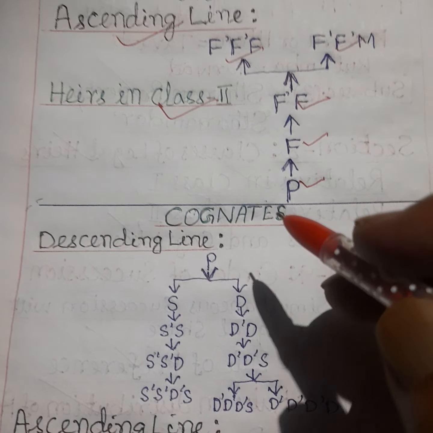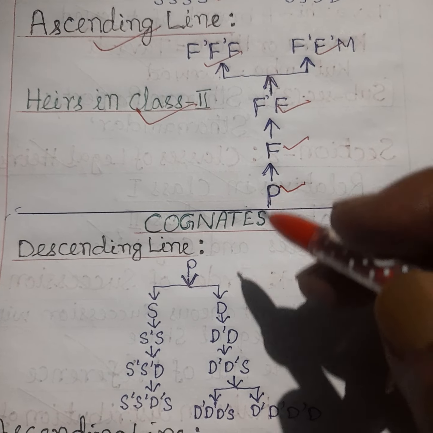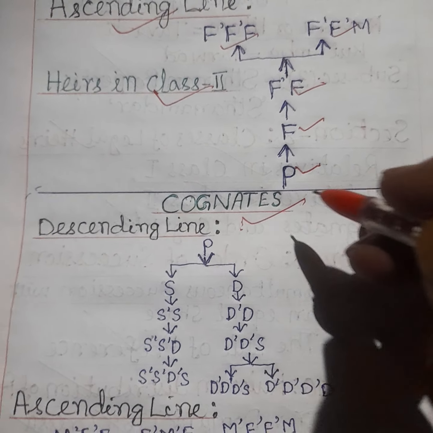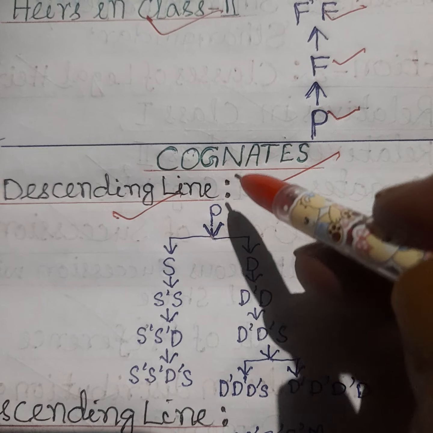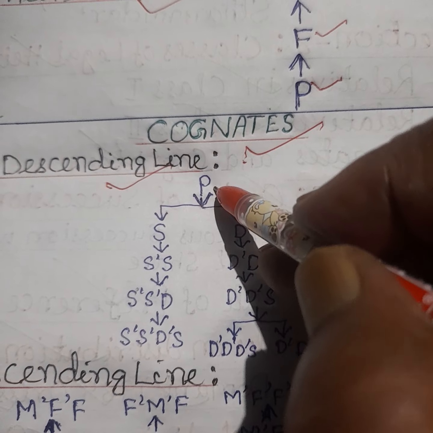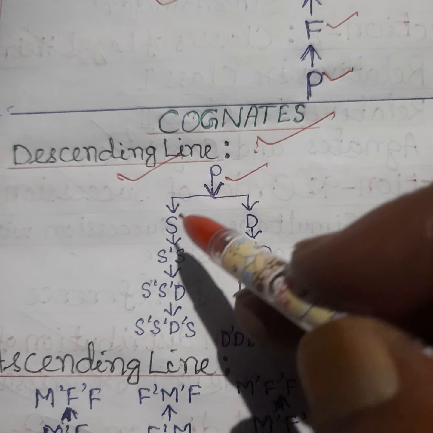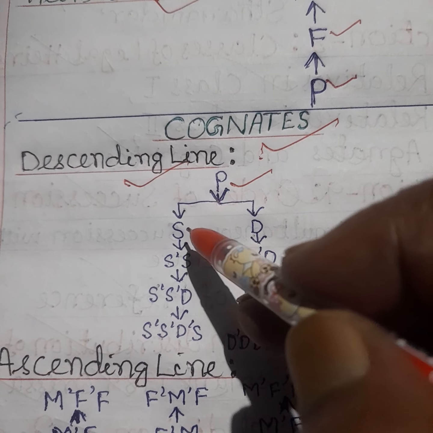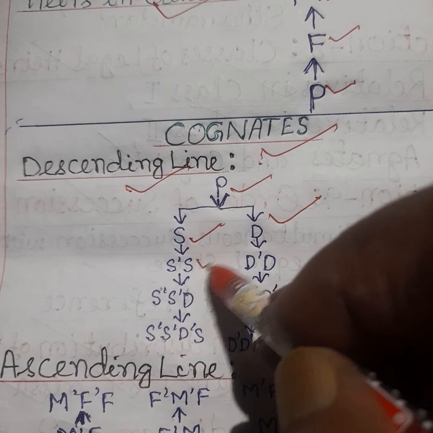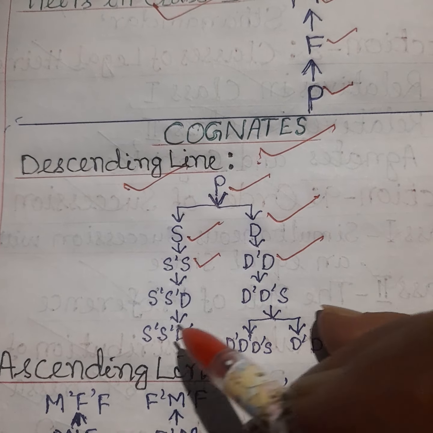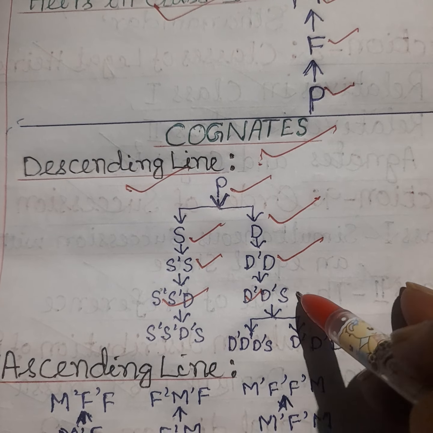And regarding cognates, in the descending line, the property of the person who died intestate will devolve to his son and daughter, and son's son, and then daughter's daughter, then son's son's daughter, and daughter's daughter's son.